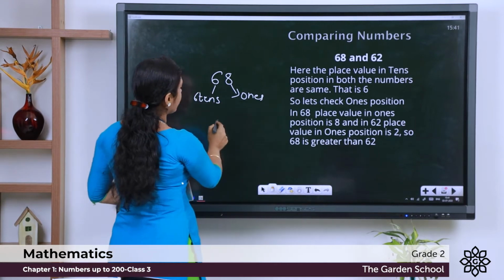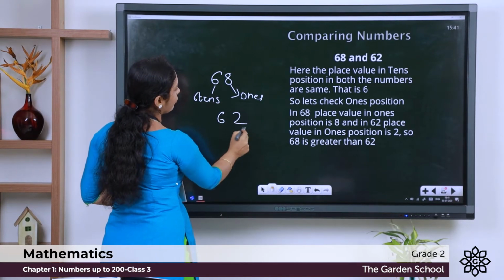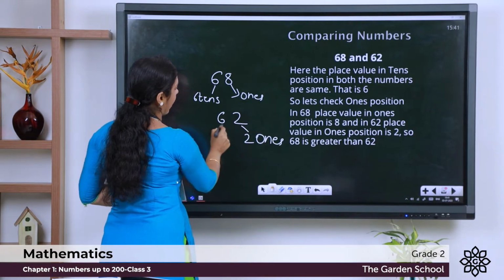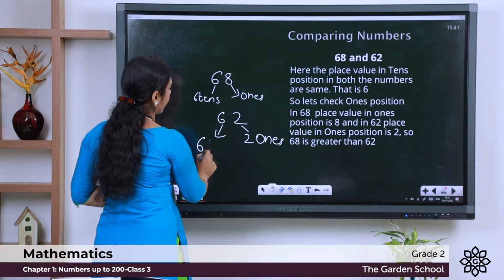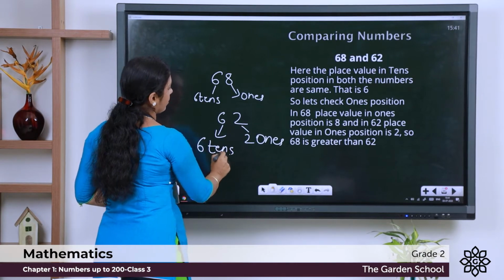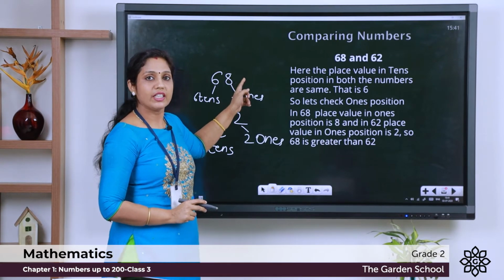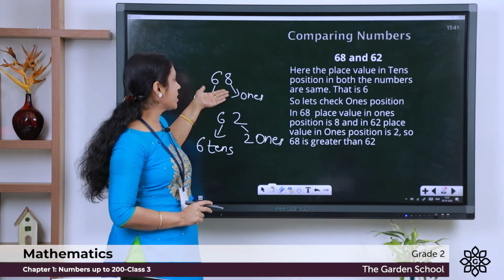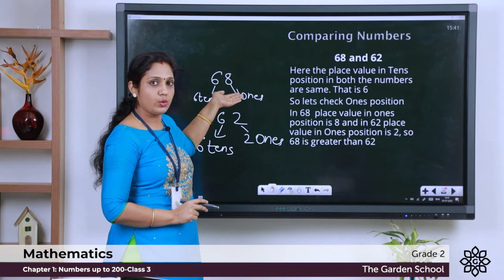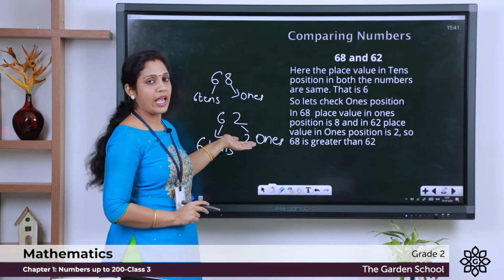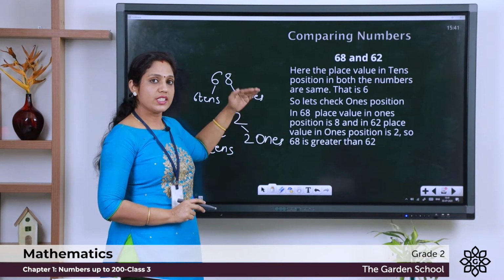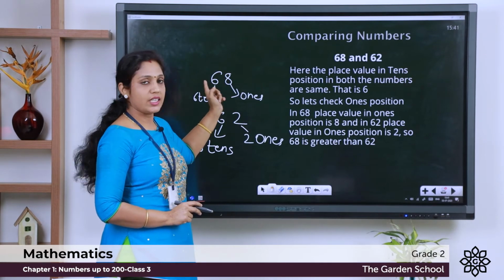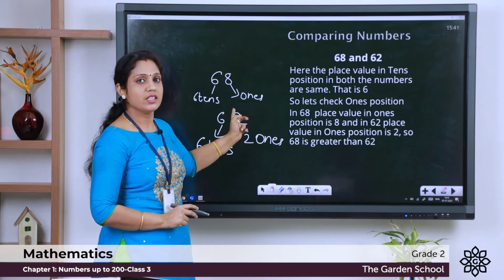In the number 62, we again have 2 ones and 6 tens. The tens position is having the same number. So, let's move on to the ones position. Here in 68, we are having 8 ones. In 62, we have 2 ones. Which is greater? It is 68. So, we can say 68 is greater than 62.